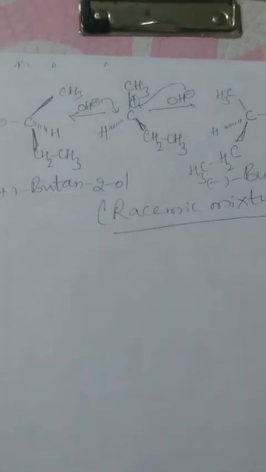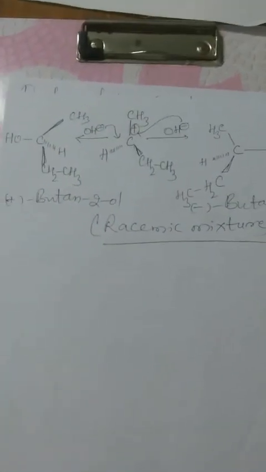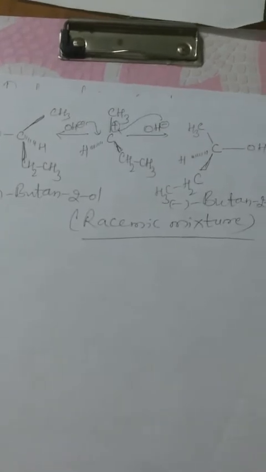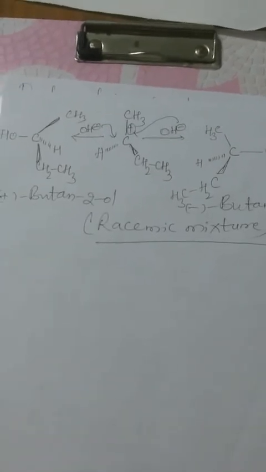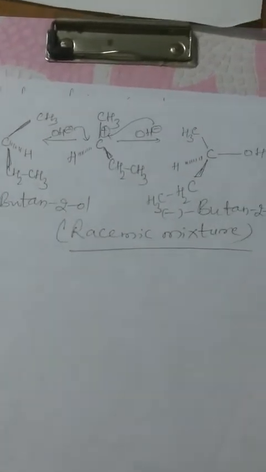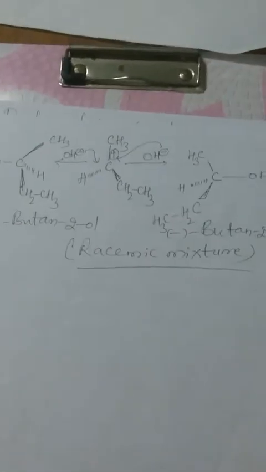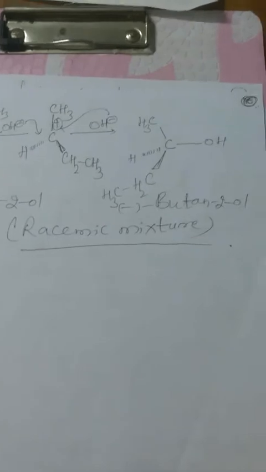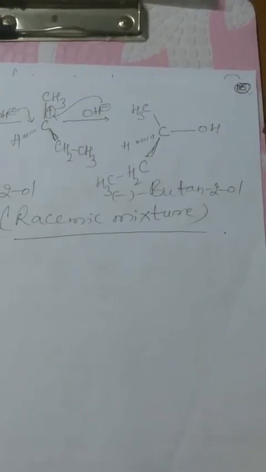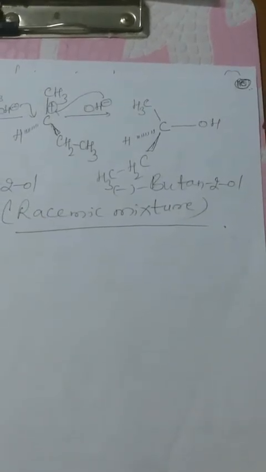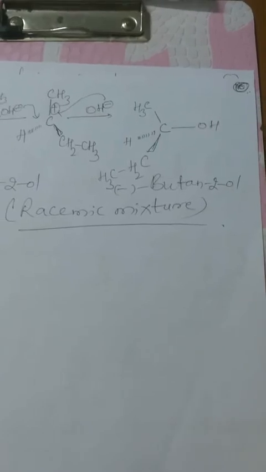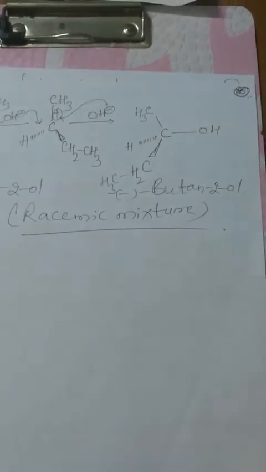So this is the slow step, and the second step. In the second step, since the intermediate carbocation is planar, the chiral carbon atom can be attacked equally from the front side and the back side. If front side attack takes place, the product formed will be (−)-butan-2-ol, which has OH group at the same place where Br was present.